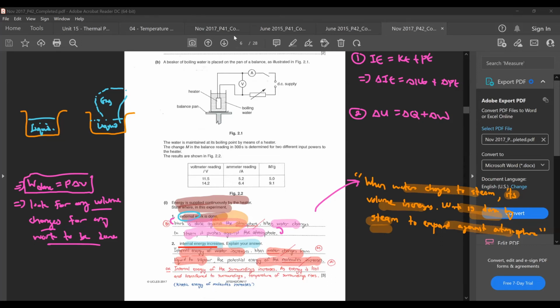It probably flows better if you write the second sentence first. When water changes from liquid to vapor, the potential energy of molecules increases because bonds are being broken.